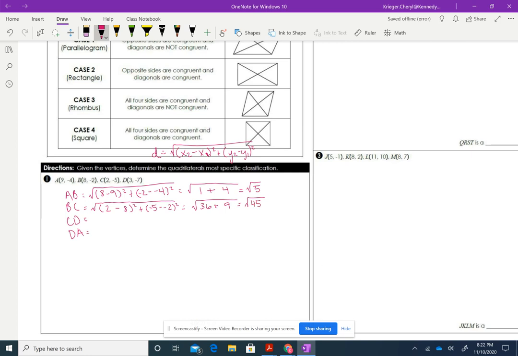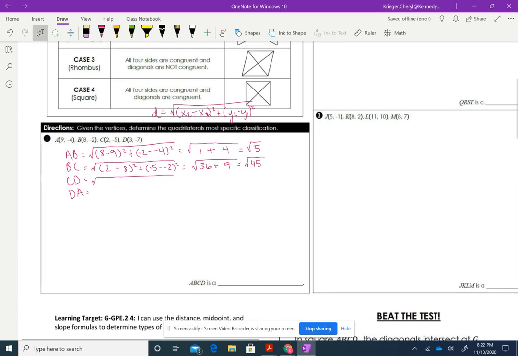Okay, so those don't match. Let's see what happens with CD. So CD, I have 3 minus 2 squared plus negative 7 minus negative 5. 1 squared is 1, and that looks like negative 2 squared, which is positive 4. So here we have our first matching side length.